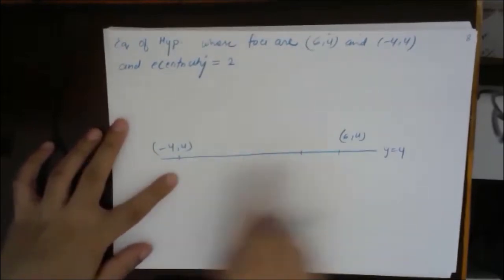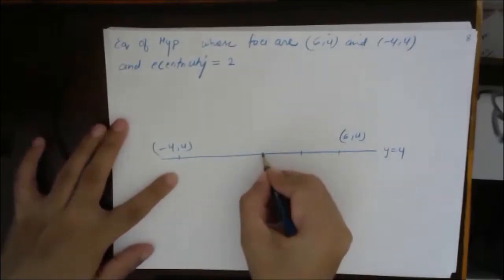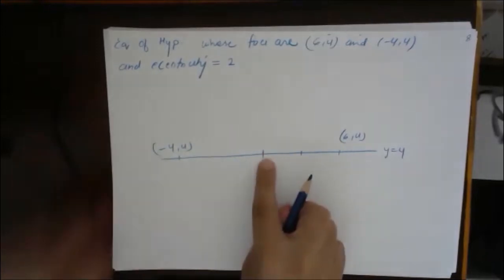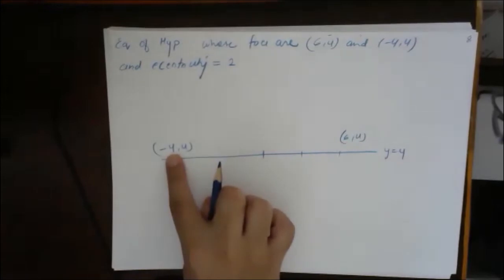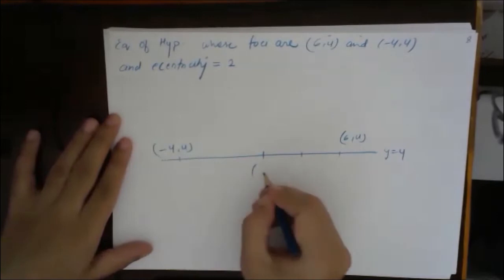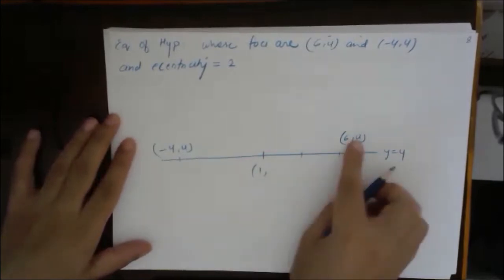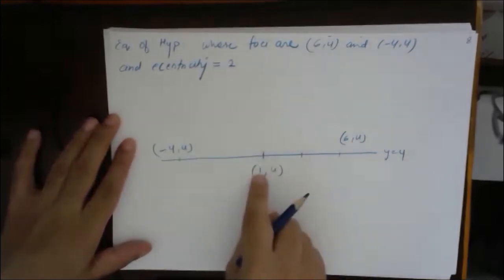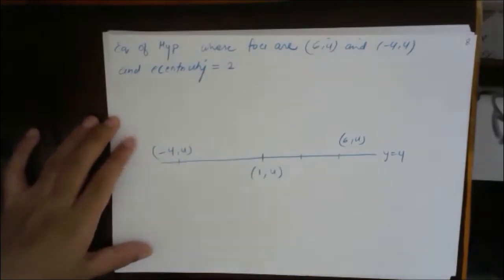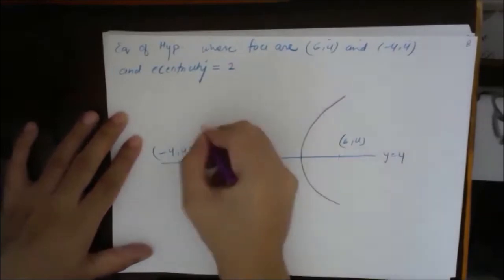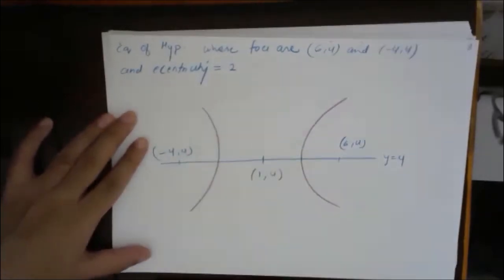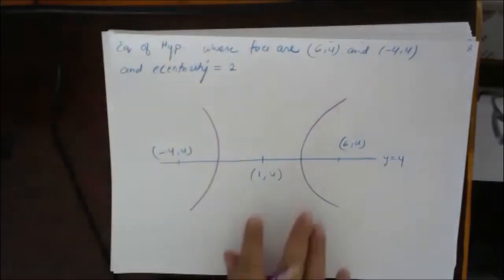How can we find the midpoint? We will take 6 plus minus 4 by 2, which is 1, and 4 stays 4. So this will be the center, which means the hyperbola will be formed around this center like this, right?